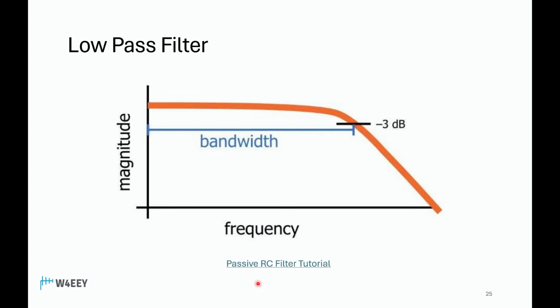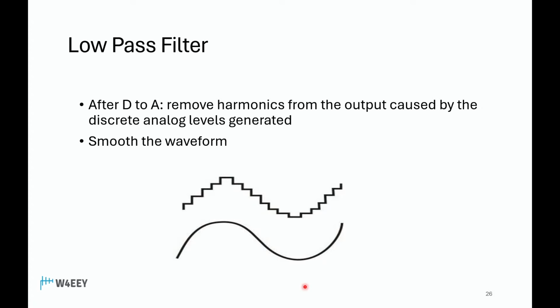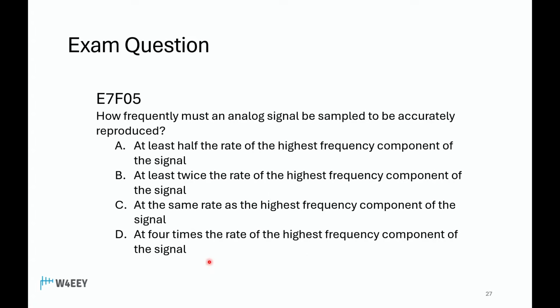If you want to see more about how you can do all different kinds of filters with RC filters, this gets into it in some depth and very much relates to what we talk about in the chapter, if you want to go further. Supplemental information. We already talked about the concept of a low-pass filter, smoothing the waveform, and right into some questions.